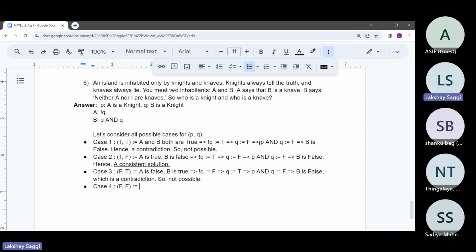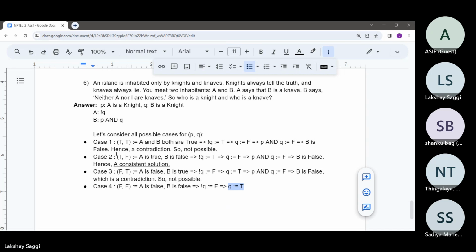Similarly, in this case, when P is false and Q is false, this will mean that statement A is false and statement B is false. So in this case, not Q will be false because what A says is a lie. And this will mean that Q will be true, right?